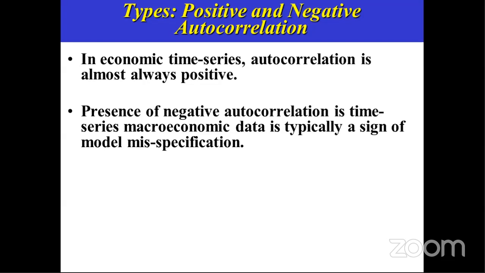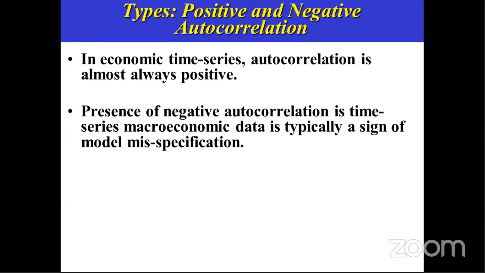So if there is a negative autocorrelation in our regression model, it is not because of the time series type of data, it is because of the mis-specification of your model. Mis-specification refers to either your functional form is not correct, or you have omitted important variables, or you have included irrelevant variables. Because of this mis-specification of your model, you have the presence of negative autocorrelation in your model.